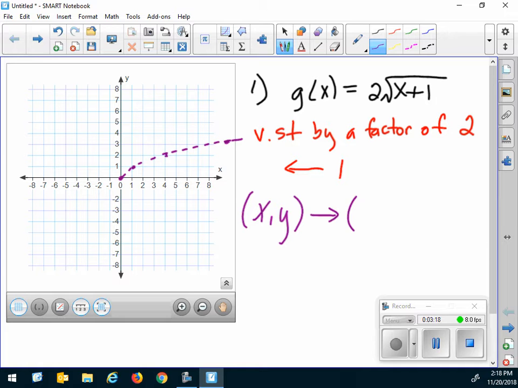You told me that to move left 1, you subtract 1 from your x values, so the new one is going to do this. And then the y values are getting multiplied by 2.